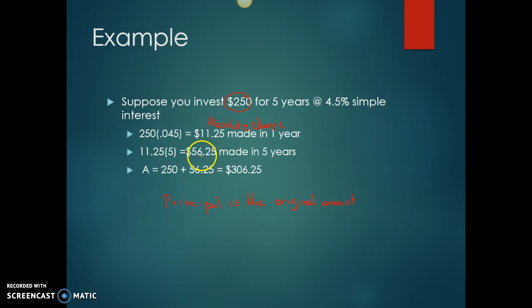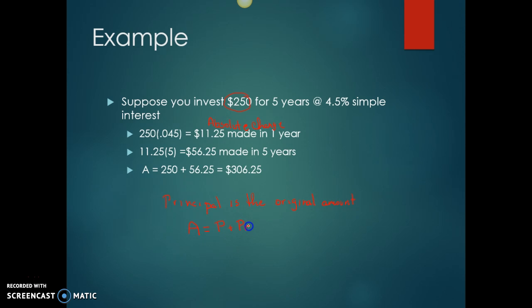And then we're going to do it for 5 years, which gives us this. We add that to our original amount, so we end up with $306.25.